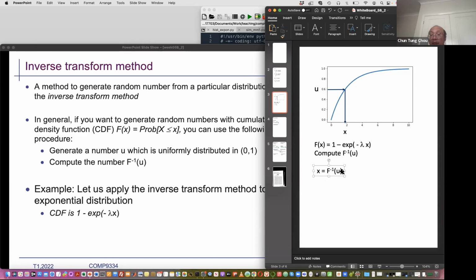If you have this relationship, then fx is the same as U. But what is fx?